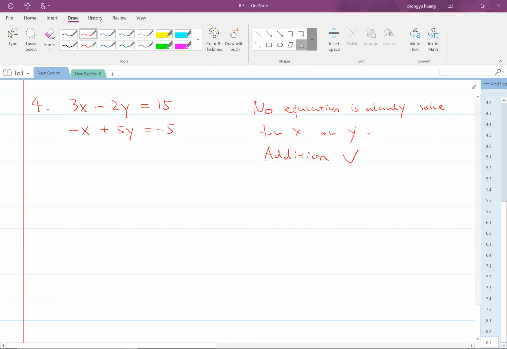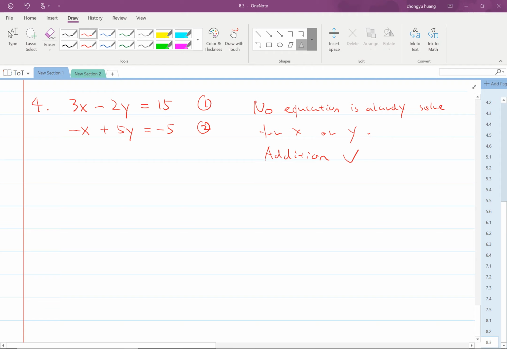As you can see, another reason to use the addition method is the fractional coefficient. We have equation 1 over here and equation 2 over here.